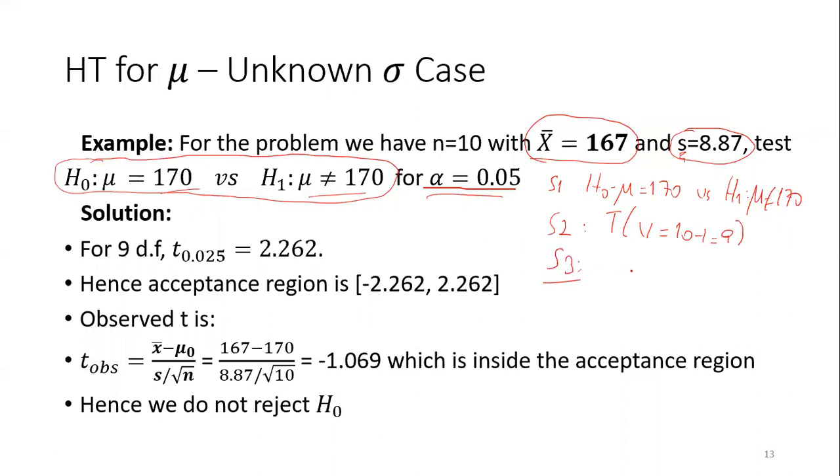Step three: find your critical region. Just find T sub 0.025 at 9 degrees of freedom.